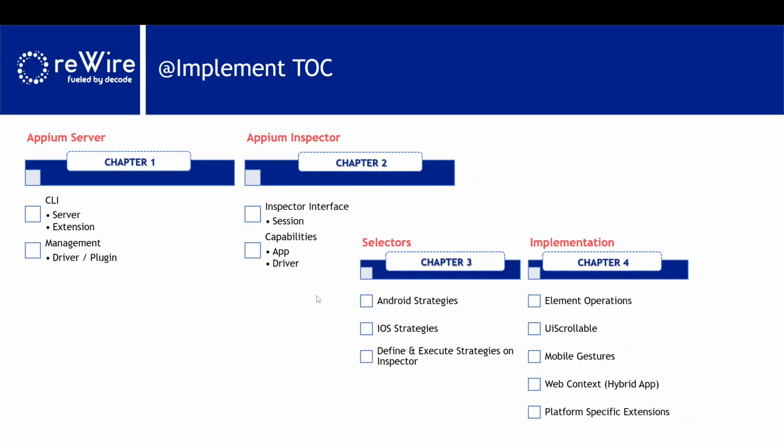We have covered all these sessions as part of the chapters, and we are in chapter 4, and mobile gestures is one of the components under chapter 4, which is implementation, where we have come across the new features or new enhancements on the client side as well as, from the server side, how it is being used. Now we are in this particular component, that is mobile gestures.